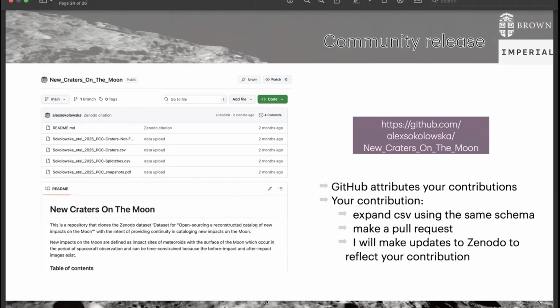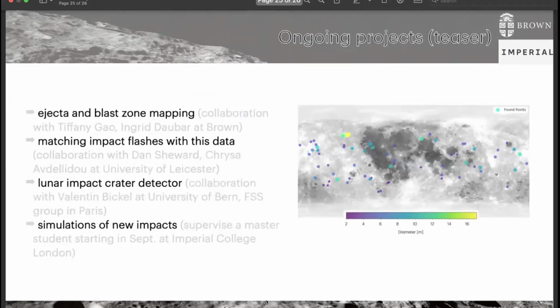If you expand the CSV using the same schema, which is basically a table, and then make a pull request, I can review it, and I can then update the dataset on Zenodo, cite your paper, and add your contribution. That's a little bit of a service that I would like to make part of my work, to maintain this and ensure that people have access.